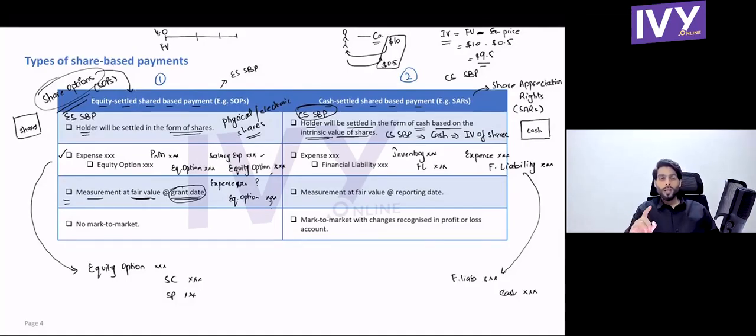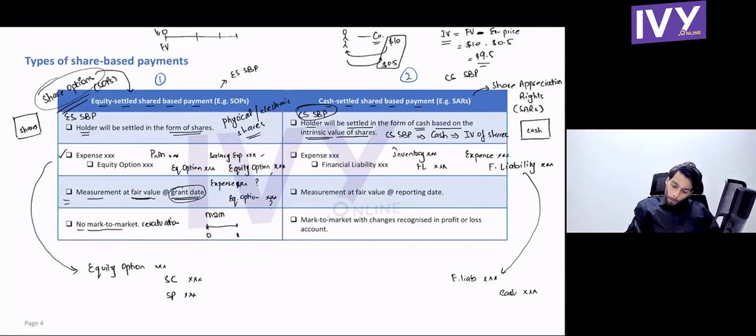Now, since we are going to use fair value at the grant date, not the recent date, but the grant date, it means that there is going to be no mark to market revaluation. Do you understand what is mark to market? I call it M to M. Mark to market means that whenever you update a certain value from here to the most recent price, it is known as mark to market.